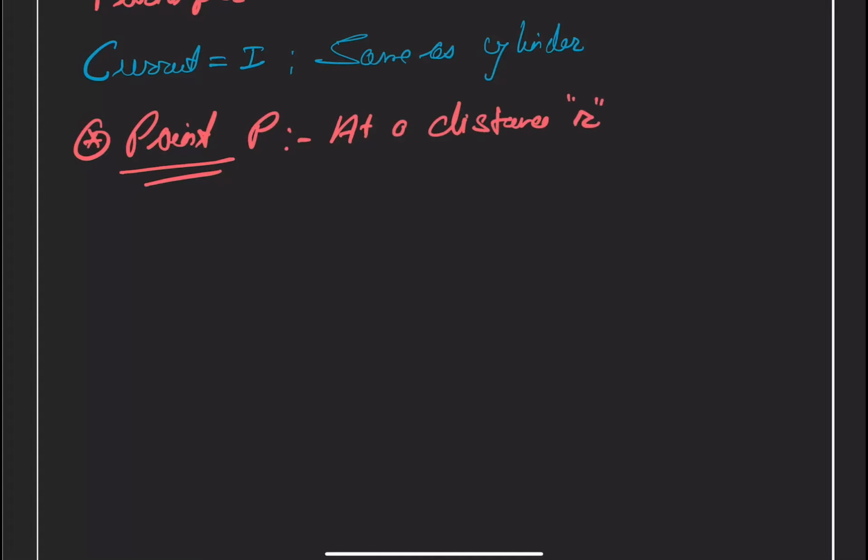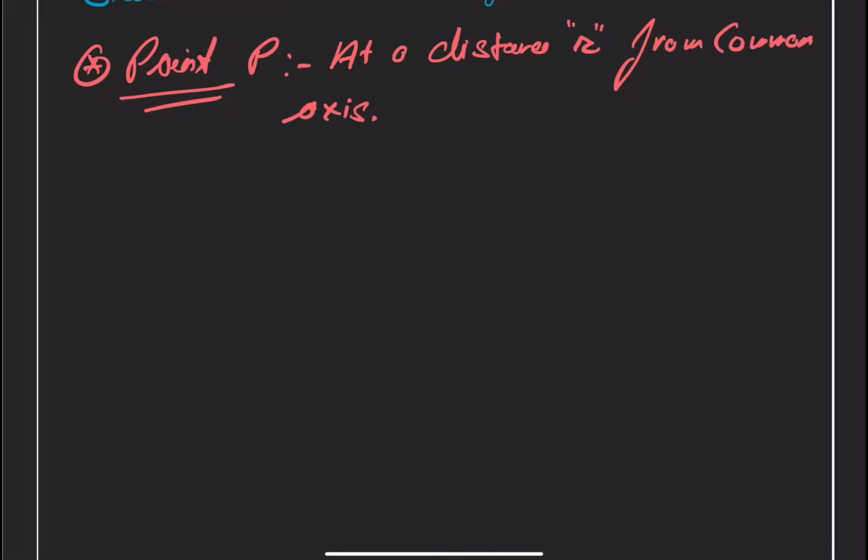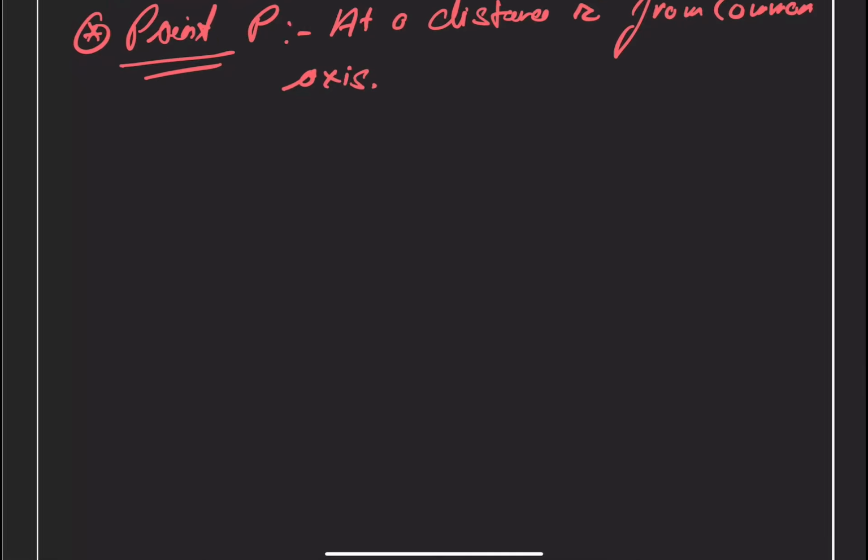Based on this, there are three regions which we are going to consider, as asked in the question. The first region is r greater than 0 but less than capital R. That is, this point will be inside the hollow cylinder.